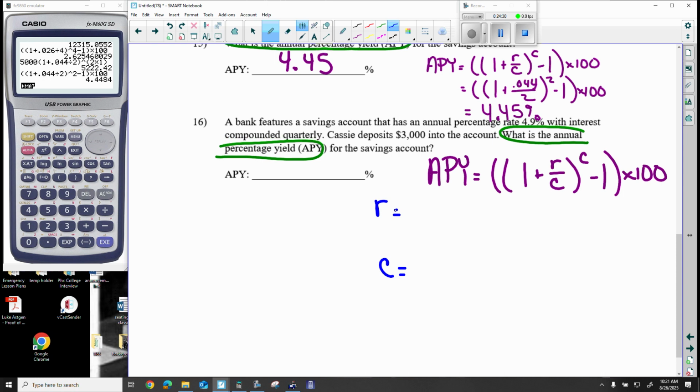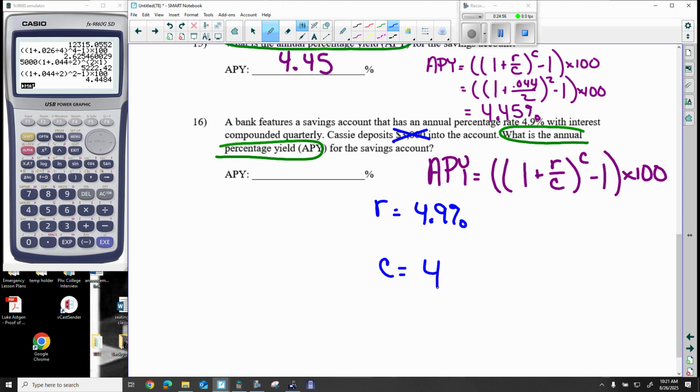So here, Cassie deposits $3,000. Who cares? It's not used in the problem itself. So I don't need to know that information. They'll give you too much just so it can confuse some easily confusable students. All right. So in this one, all you need is the rate and the number of times that it compounds.